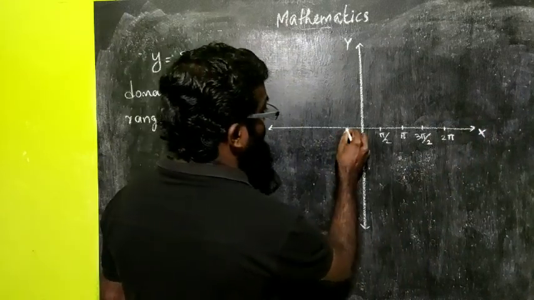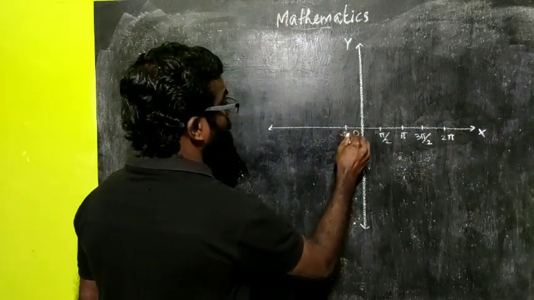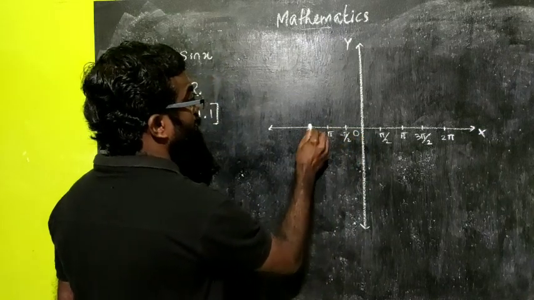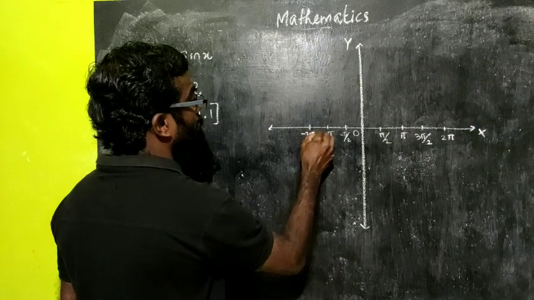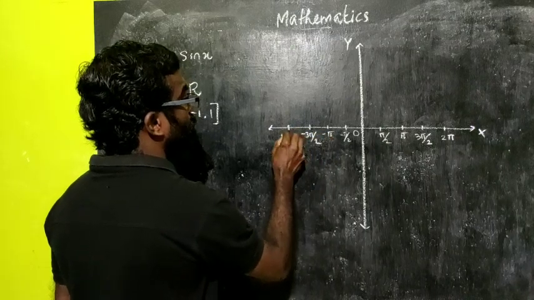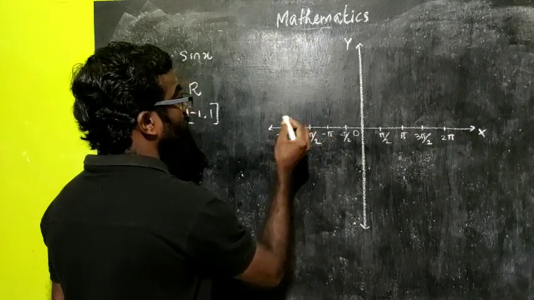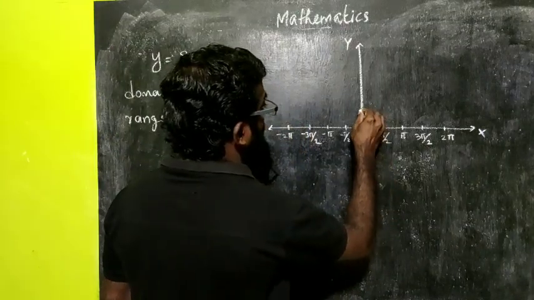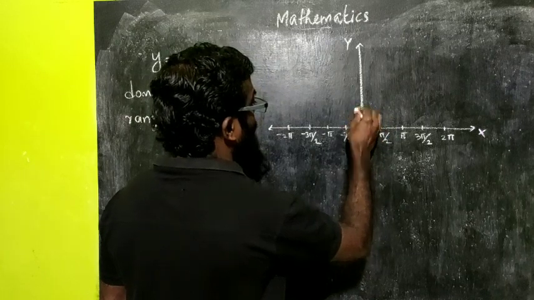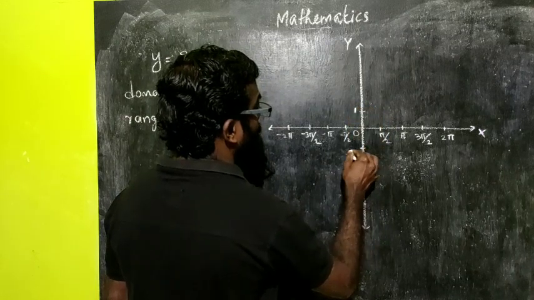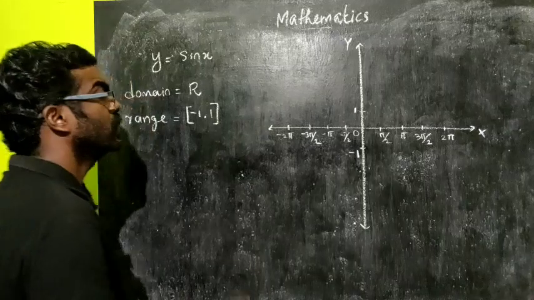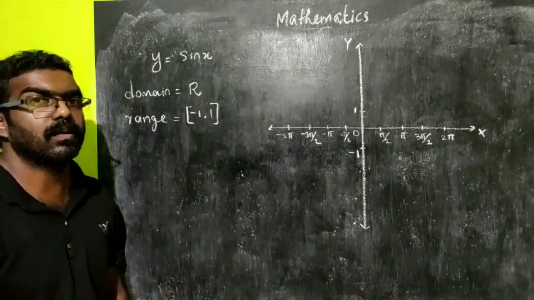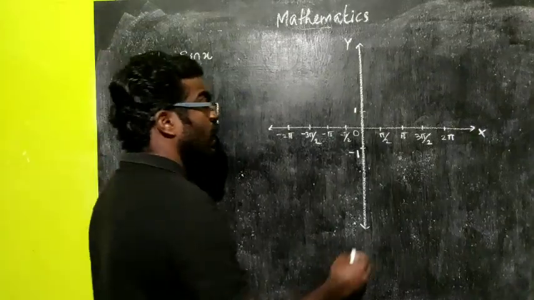And on the negative x-axis minus pi by 2, then minus pi, minus 3 pi by 2, then minus 2 pi. And on the y-axis we can mark the number 1 and here minus 1 because the range is closed interval minus 1, 1. Now we can draw the graph.